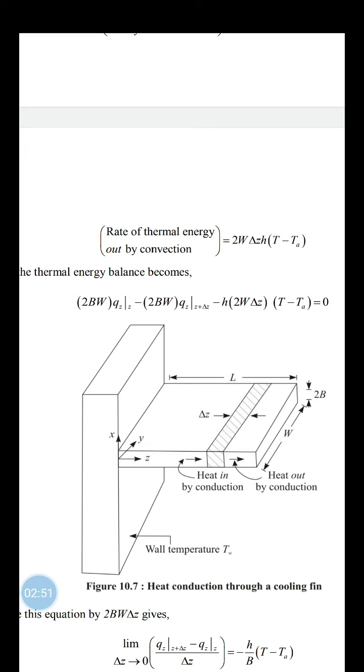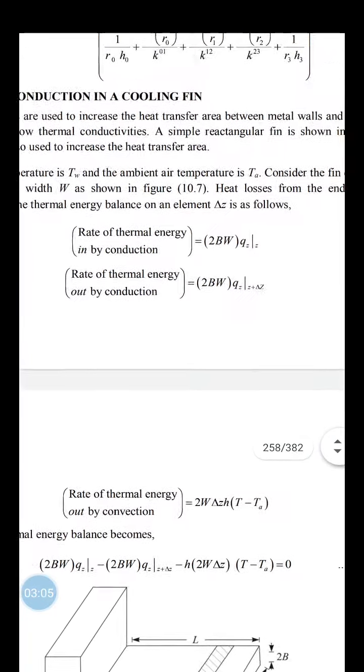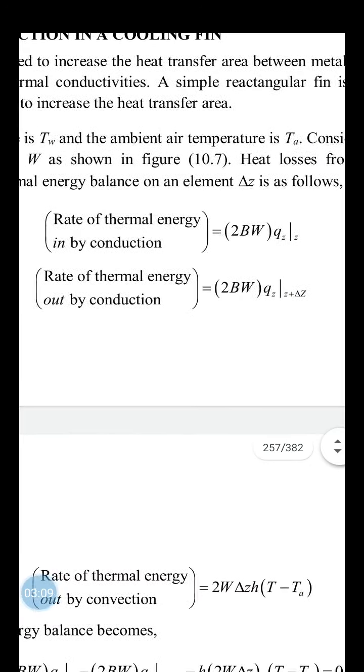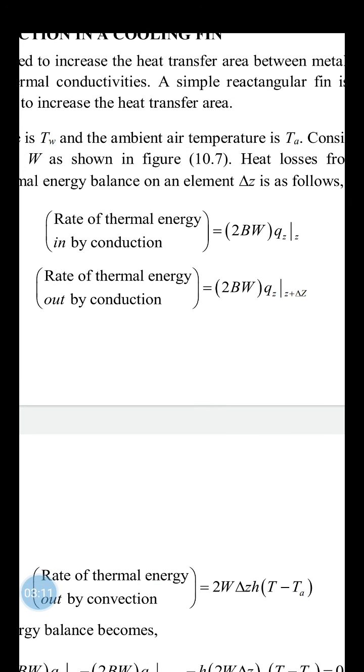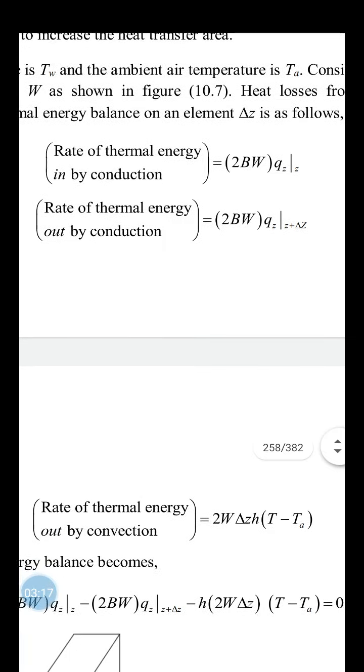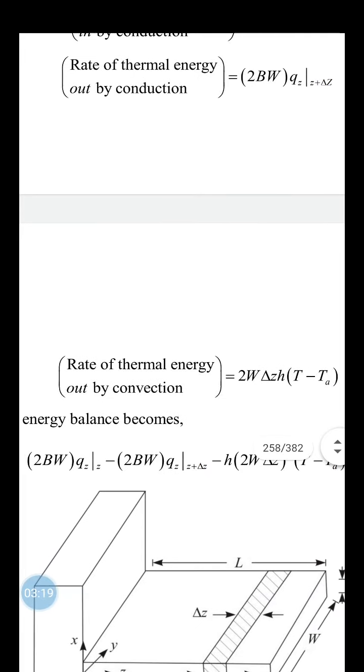Obviously it will be thickness 2b into width W, so 2bW is the area times the heat flux. The thermal energy out by conduction will again be qz at z plus delta z, into 2bW. These are the two terms for thermal energy by conduction.